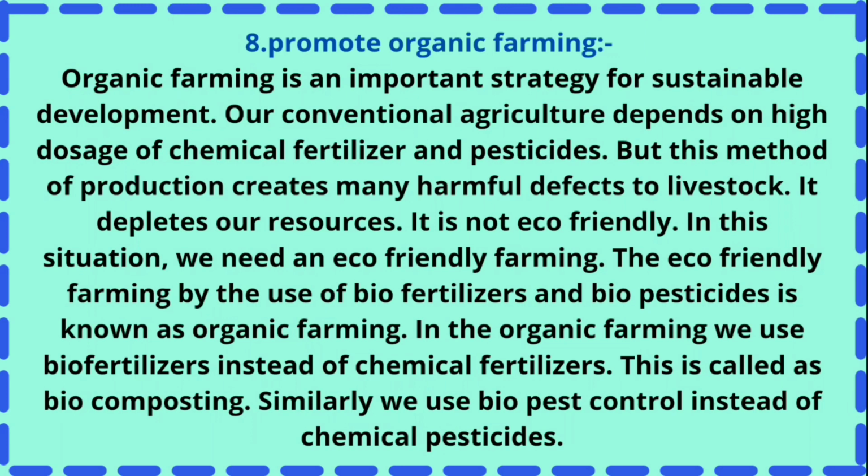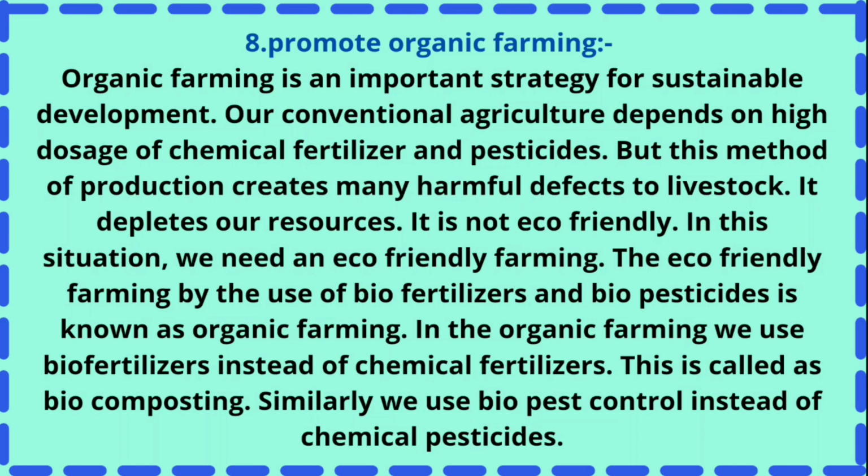Promote organic farming. Organic farming is an important strategy for sustainable development. Our conventional agriculture depends on high doses of chemical fertilizers and pesticides. But this method of production creates many harmful effects on livestock. It depletes our resources. It is not at all eco-friendly.